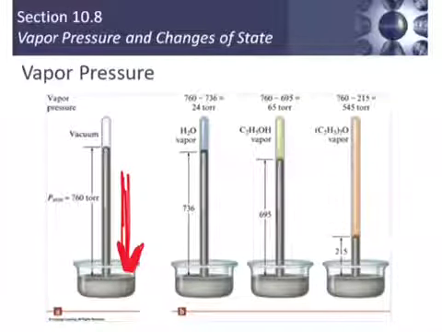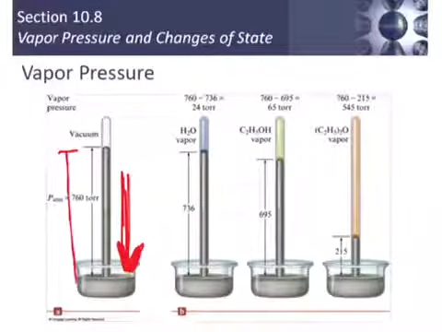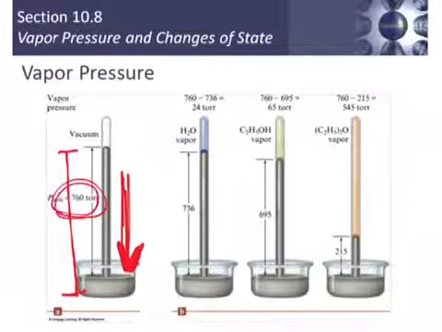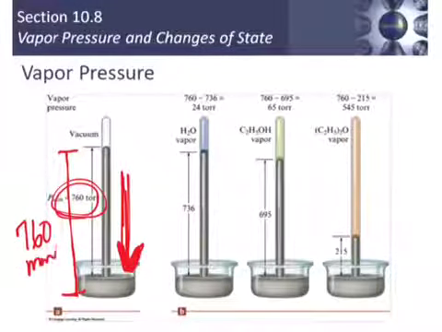And this is in a vacuum. So when the atmosphere presses down on that, we see the liquid rise up so much, and that is 760 torr, but if this is mercury, then it would be 760 millimeters of mercury.